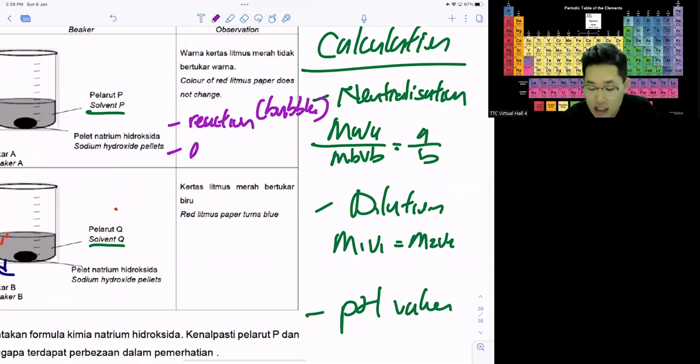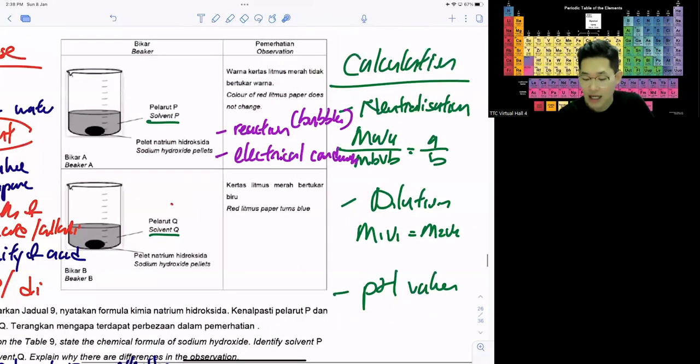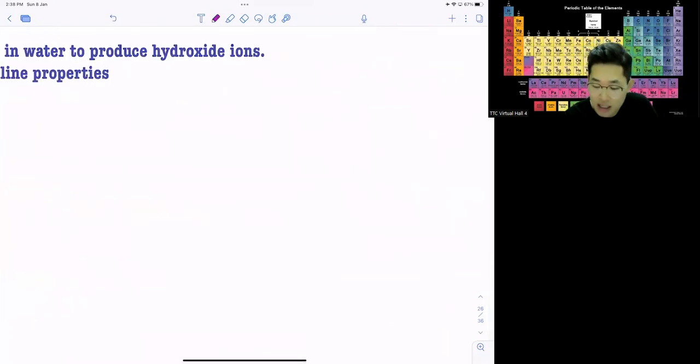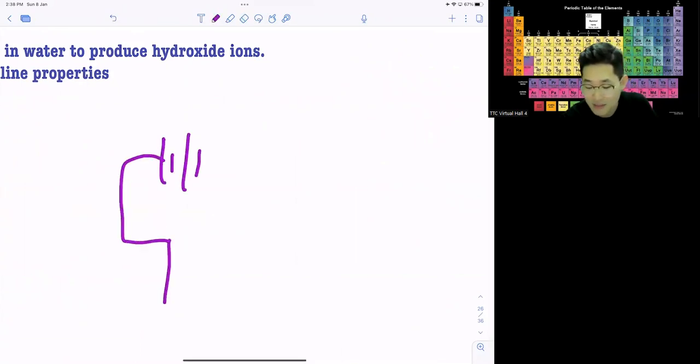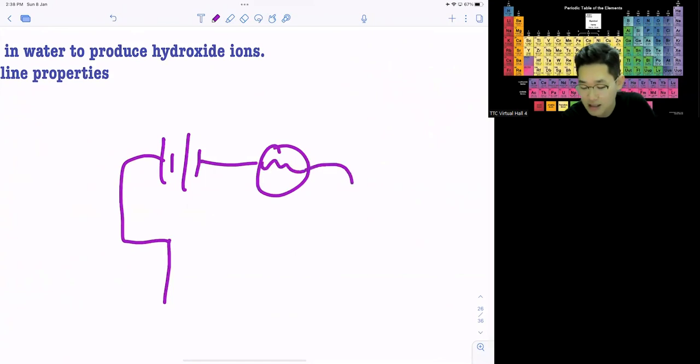They can also use electrical conductivity, something like light bulbs.